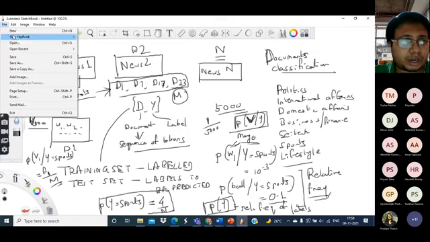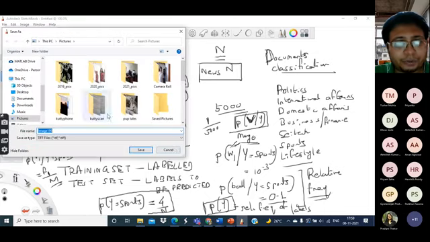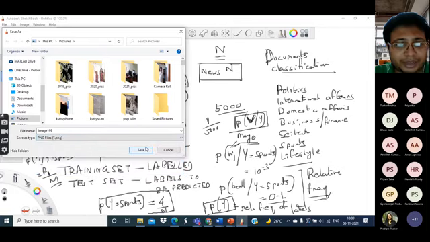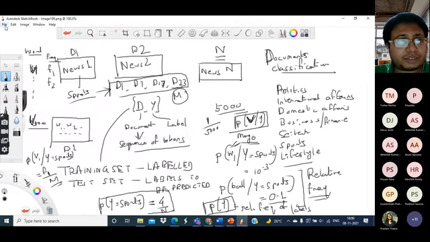How? To understand that, we have to take the help of Bayes theorem, or as they say, we have to do Bayesian analysis. So what is the Bayes theorem?